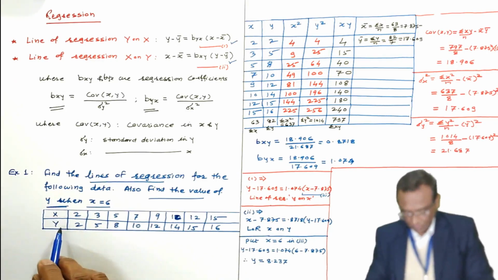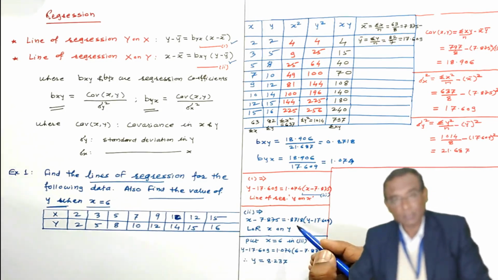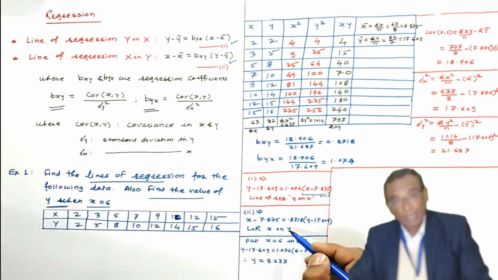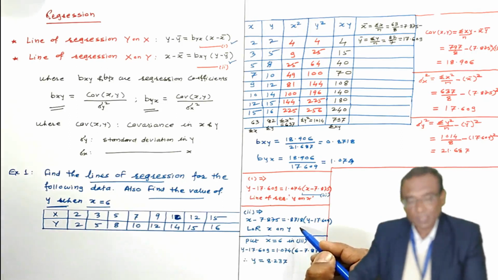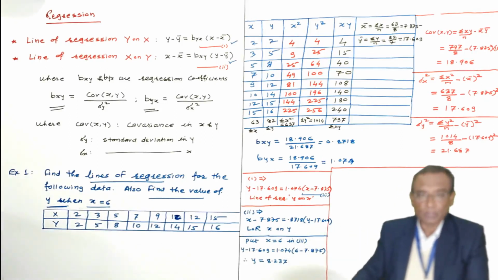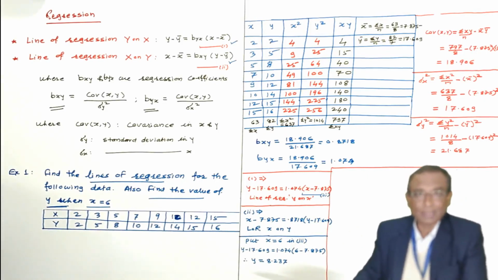In that case, choose the line of regression x on y and put the value of y there, which is 13, and get the value of x in this way. In this way, we solve the problem on line of regression.